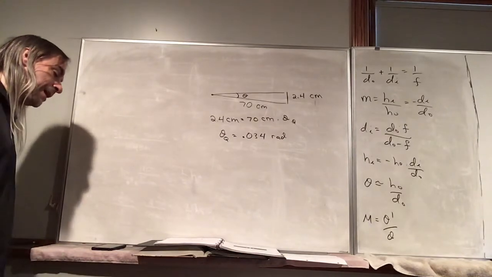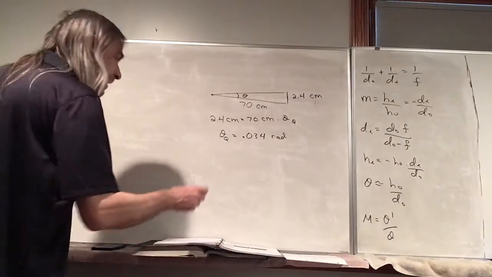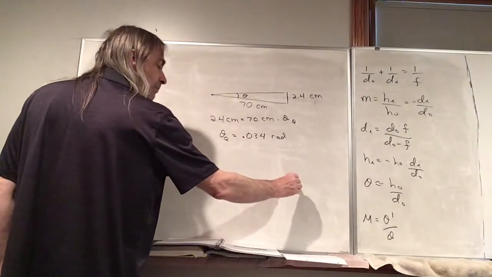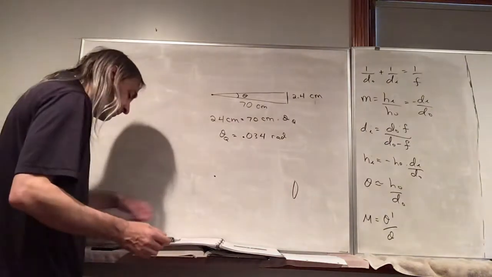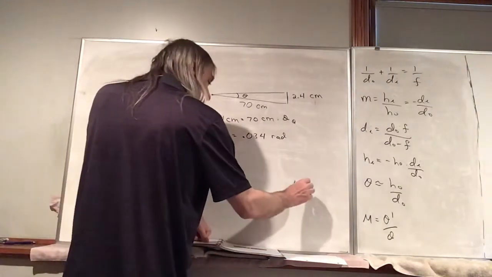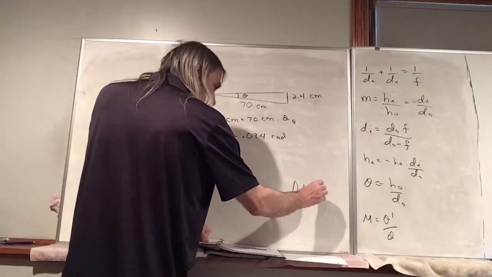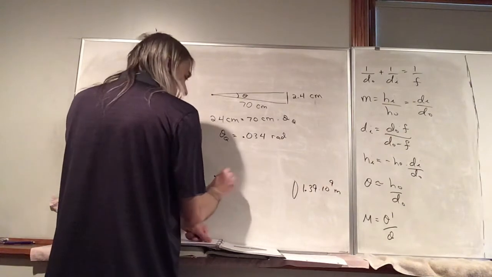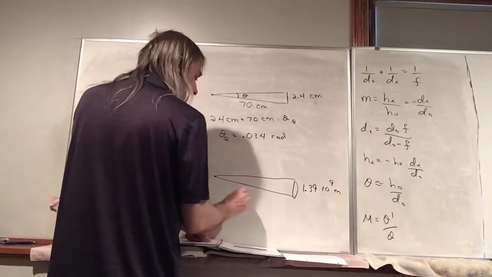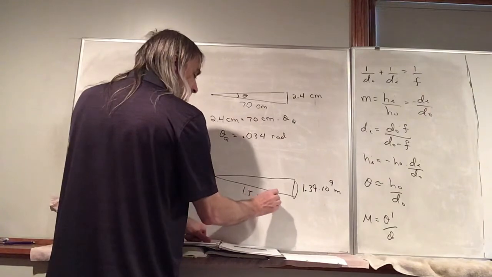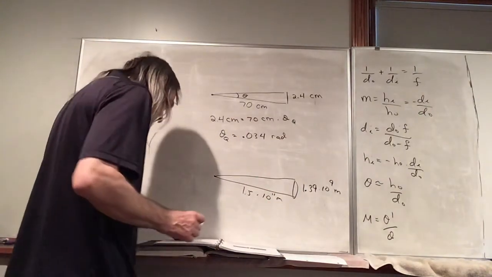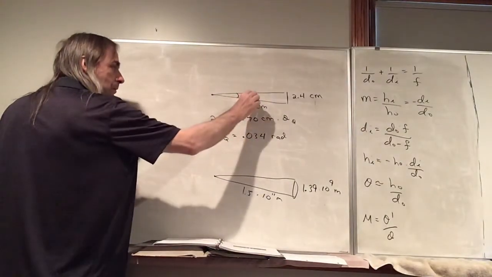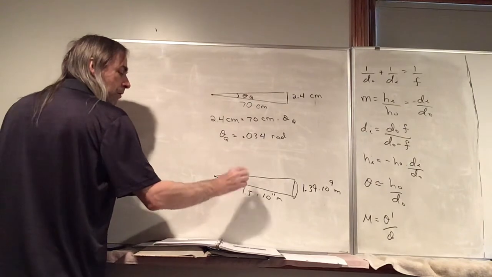Now, let's look at the sun. Here we are on Earth, we're the observer. The sun has a diameter of 1.39 times 10 to the 9th meters, and the distance to the sun is 1.5 times 10 to the 11th meters. So what is the angular size of the sun?